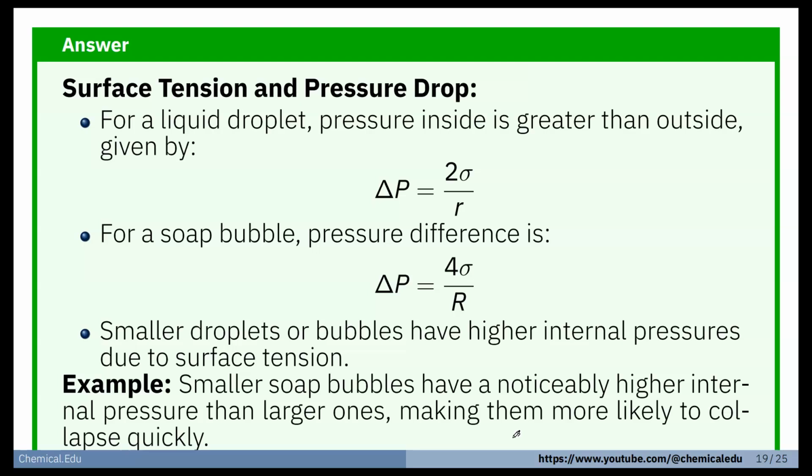Example: smaller soap bubbles have a noticeably higher internal pressure than larger ones, making them more likely to collapse quickly.